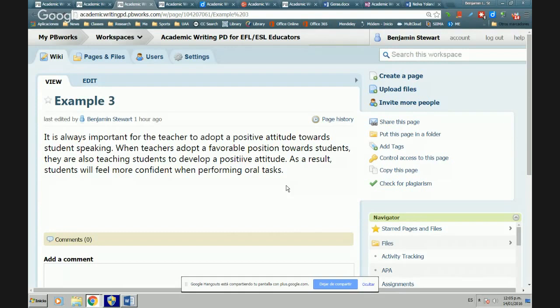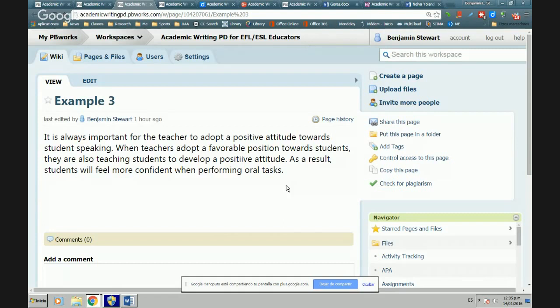When you're looking at a sentence like this and trying to figure out how you can improve it, first of all, look for the most important concept. And then do what with it? Where do we like to keep the most important idea? Usually at the subject. So think of it like this: adopting a positive attitude towards student speaking.